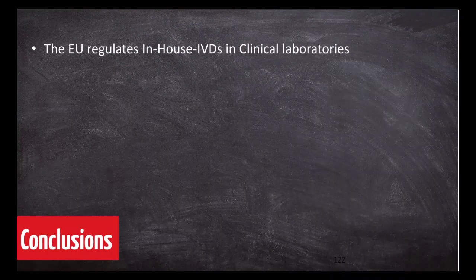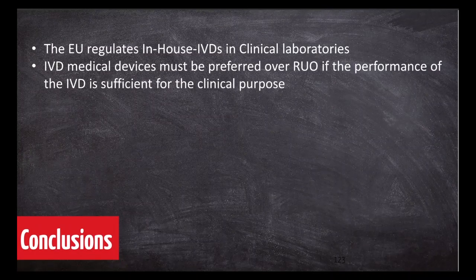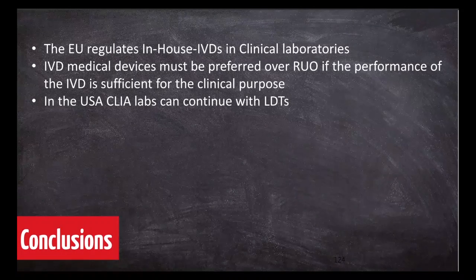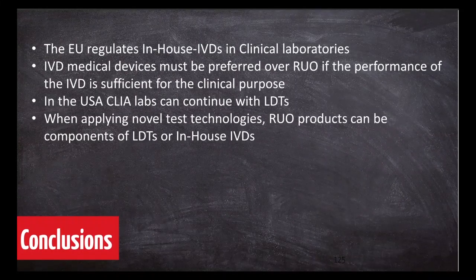So let's conclude. The EU regulates in-house IVDs in clinical laboratories. IVD medical devices must be preferred over RUO if the performance of the IVD is sufficient for the clinical purpose. And in the USA, CLIA labs can continue with lab-developed tests and using research use only products as components therein.